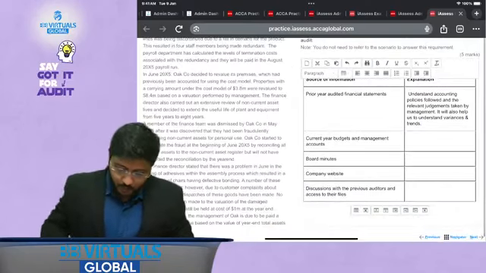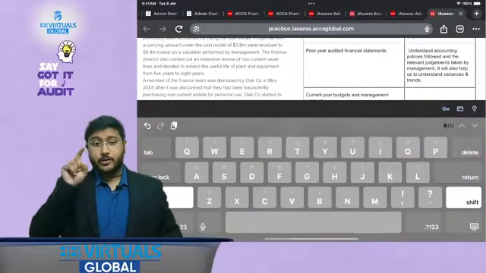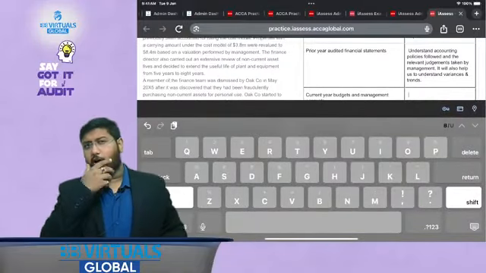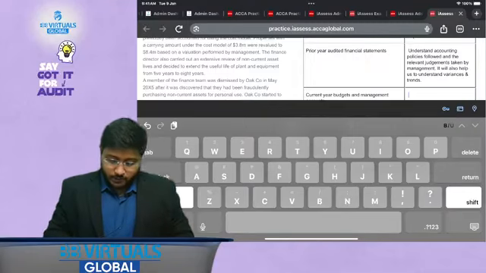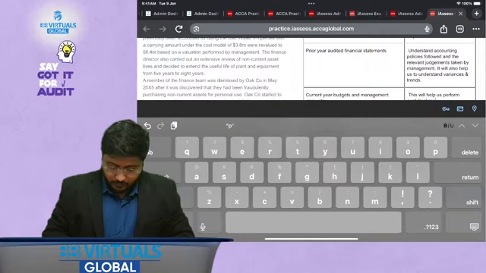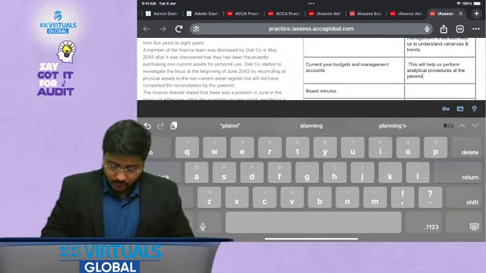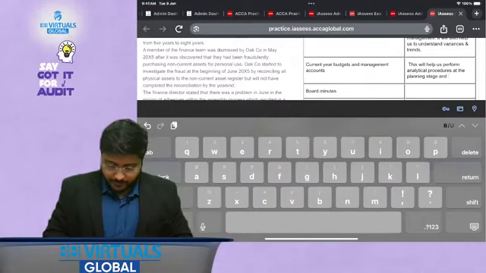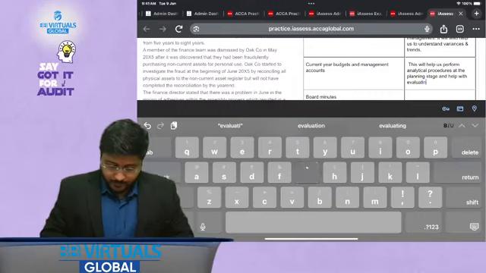Current year budgets and management accounts. Current year, not previous year. How will this help us to understand and plan for the audit? So this will help us perform analytical procedures at the planning stage and help with evaluating the risks associated with the company.